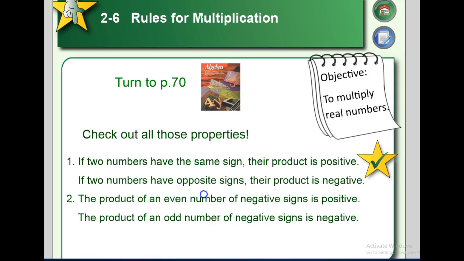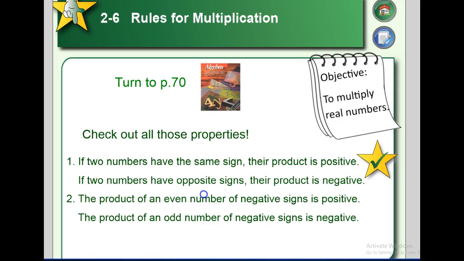Let's look at the second gray box. The second gray box is called the multiplicative property of 0. Now, if you look there, we know anything times 0 equals 0. So A times 0 equals 0. They're going to try and hide that 0 in a sequence of numbers to see if we're paying attention. But as soon as we see that something's multiplied by 0, the answer is 0. Now, the last gray box on page 70 is the multiplicative property of -1.